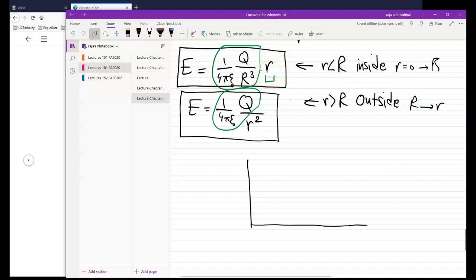I'll come back to what that means in a second. But it's linear, as you can see. So this is the slope, it tells you how steep the line is. Let's assume the steepness of the line is this way. There it is, all the way up until I get to R. This is the electric field.